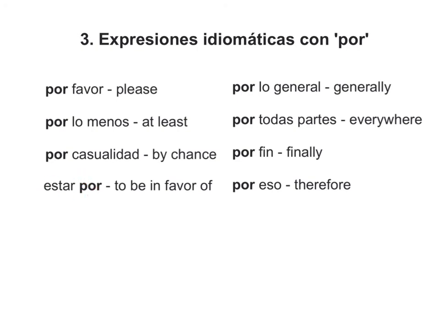Estar por. Por lo general, generally. Por todas partes, everywhere. So, busqué mis llaves por todas partes. I searched for my keys everywhere. Por fin, finally. Y por eso, therefore. You just have to memorize these expressions. Again, some of these are fairly simple and some of them are a little bit more tricky.